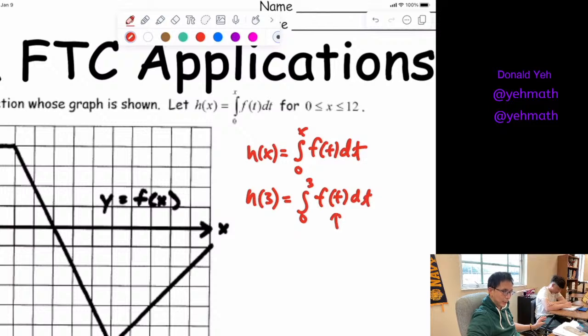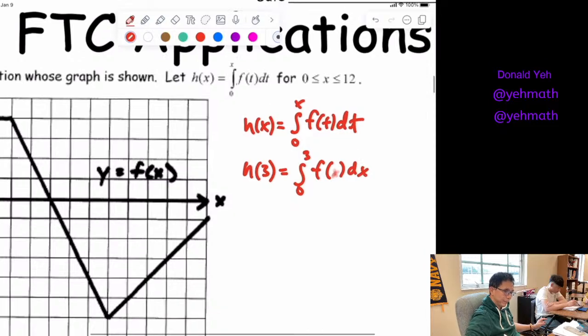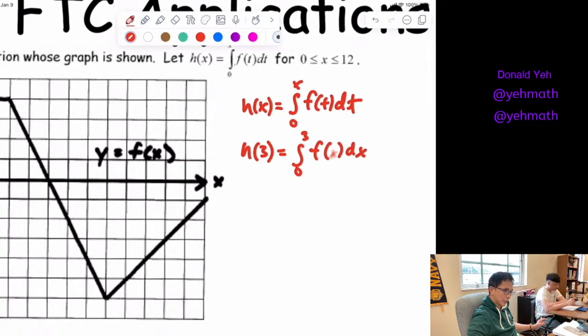Now, if I want to plug in x here, then it will be f of x dx. So here, basically, you can treat it as f of x dx. Here, and then just figure out what's the integration from 0 to 3.